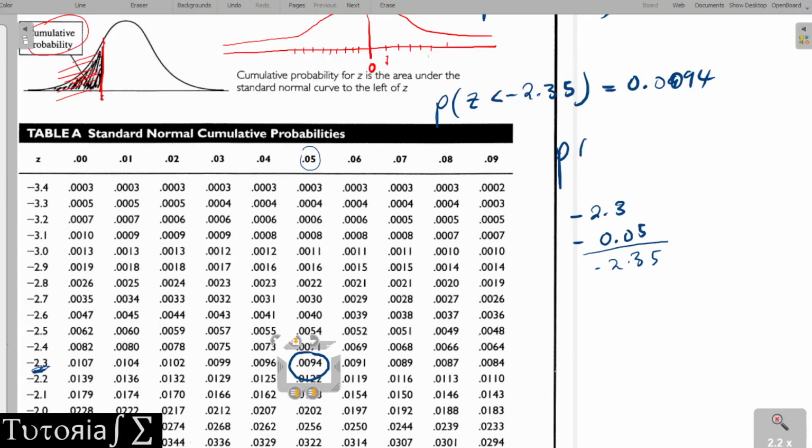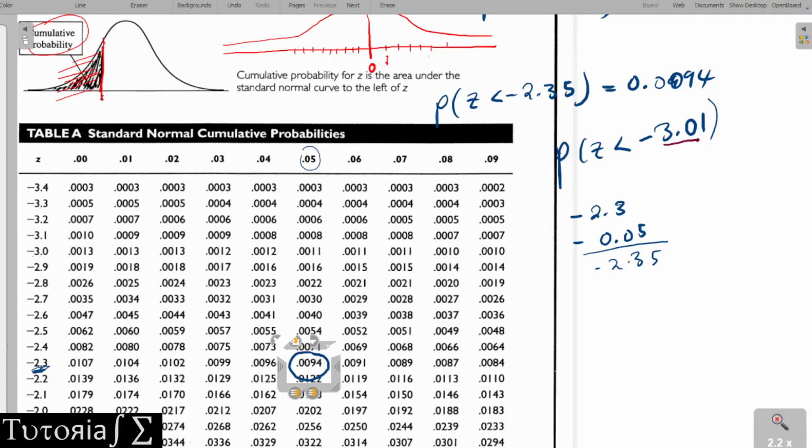All right, probability of z less than, let's say, because the maximum is 3.4 here, so maybe we can put negative 3.01. Let me use this. The first thing that you do is you find negative 3.0.